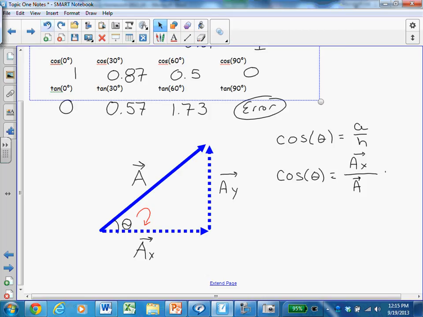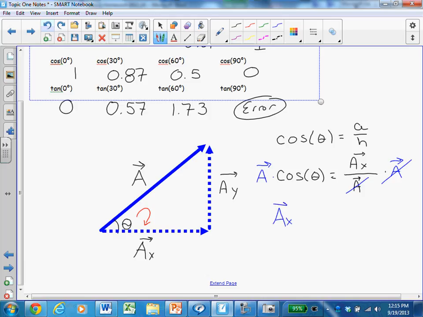Multiply both sides by A. So that's why we did it, right? So we get the formula AX equals A times cosine of theta. So if you want to mathematically find the x component, you just take the vector's magnitude and multiply it by the cosine of the angle. Okay?